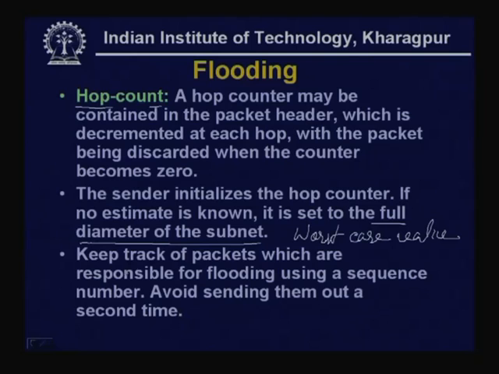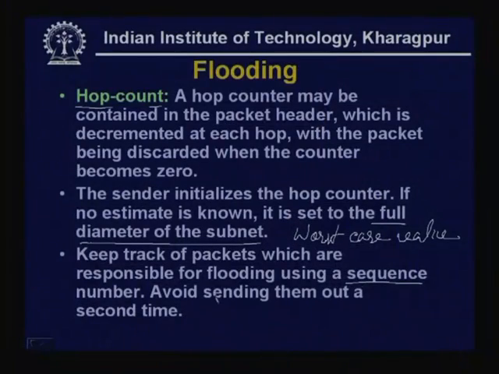Another technique that can be used is to keep track of the packets which are responsible for flooding using a sequence number. That means the sequence number keeps track of which packet is flooding the network. So, whenever it comes a second time, it is not forwarded.